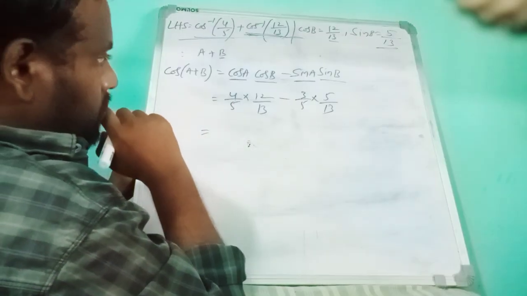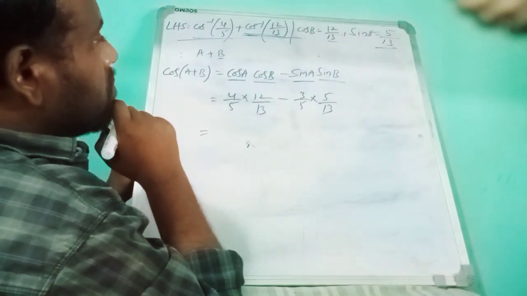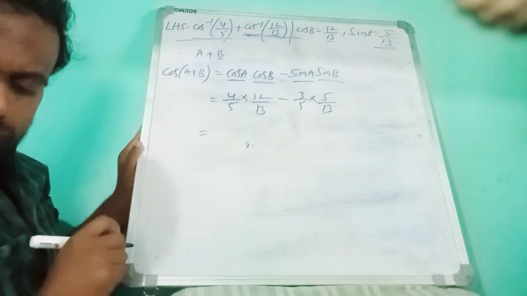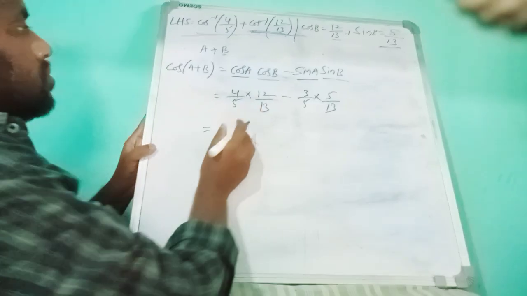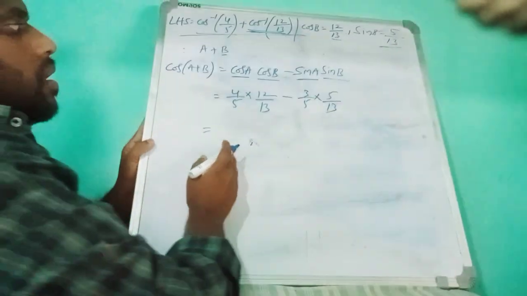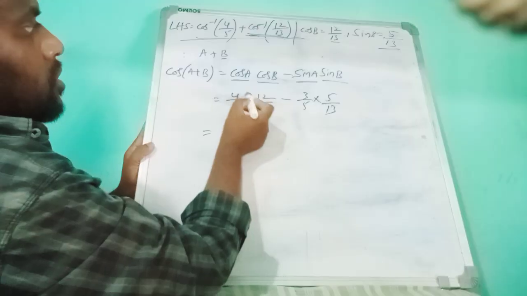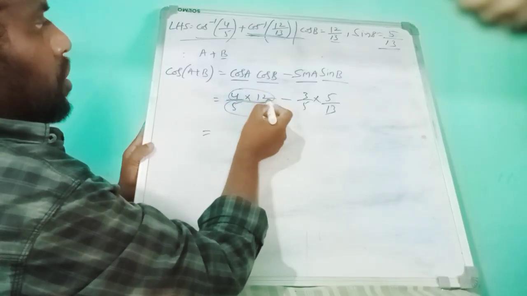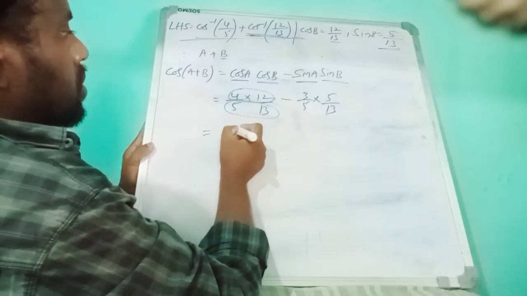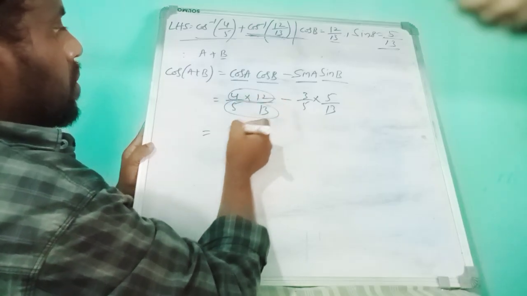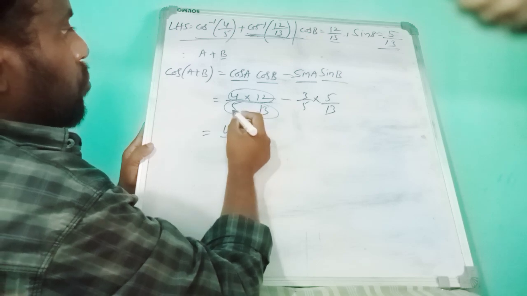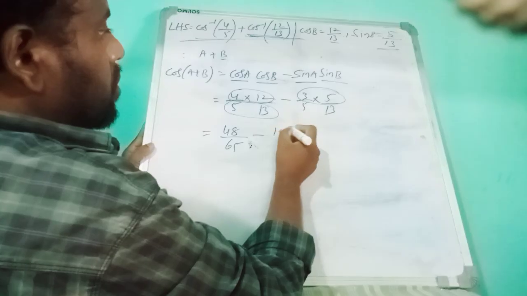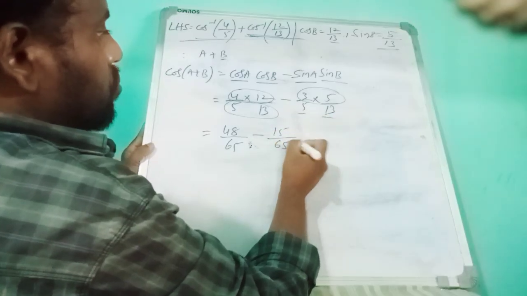So multiply these two separately, numerators multiply. So 4 into 12, 48, 5 into 13, 65. Next to minus, multiply these two: 3 into 5, 15, 5 into 13, 65.